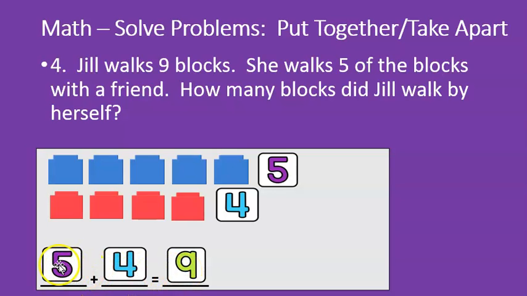Let's read it again. 5 plus 4 equals 9. There's 5 blocks that Jill walked with a friend, and then she walked another 4 by herself. So look, 5 goes up front, 4 goes in the second number, and then when you count them all up, it's going to equal 9.